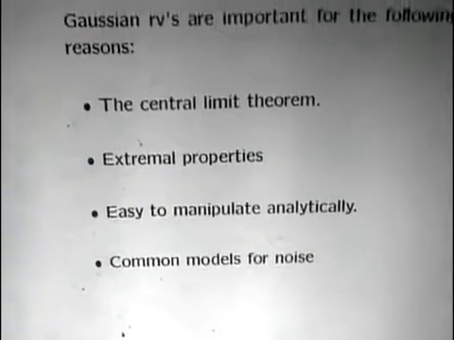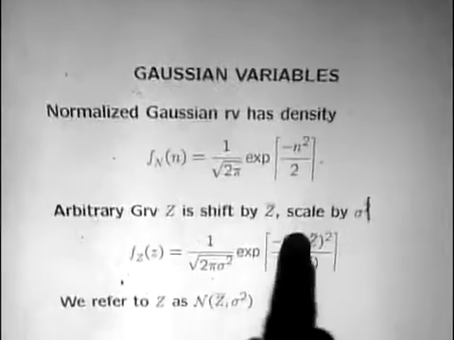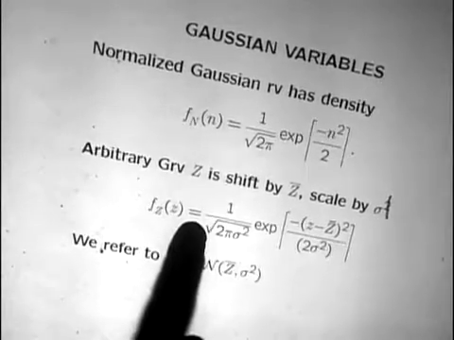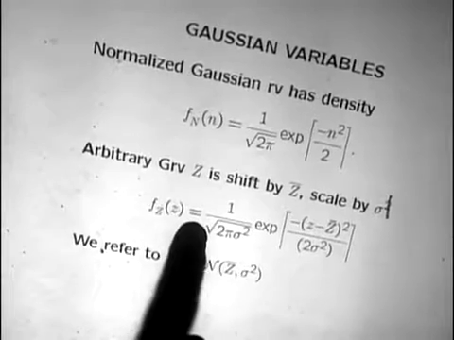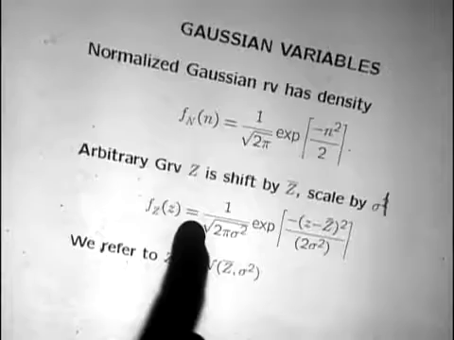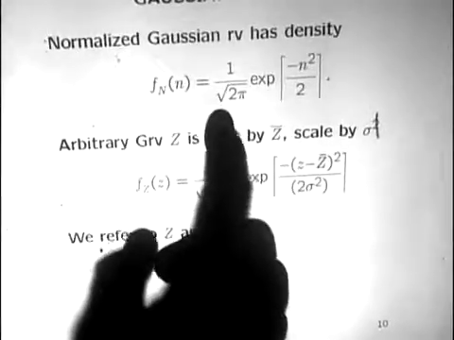Now, you look at that density and you say, my God, that can't be easy to manipulate analytically. But in fact, after you get used to the 2 or 3 very small tricks, you will find out that it's very easy to manipulate analytically.